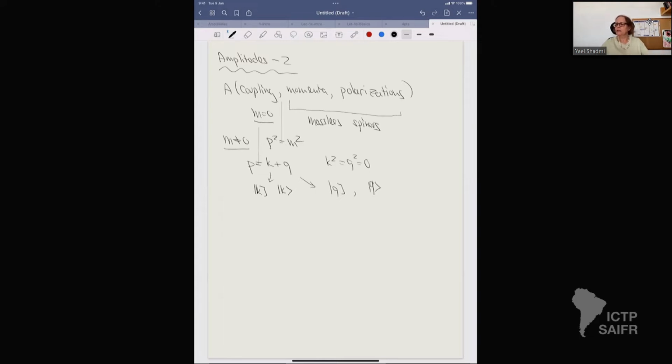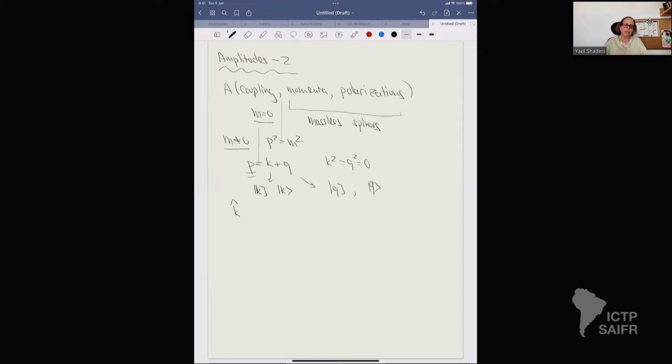Okay, so let's think a little bit about what this involves. I have a massive momentum P, and I now want to write it in terms of these two massless vectors. Essentially, the only choice we're making is we need to choose the direction of one of them, for example K. Once I've chosen the direction of K, because K is light-like, that determines the full 4-vector.